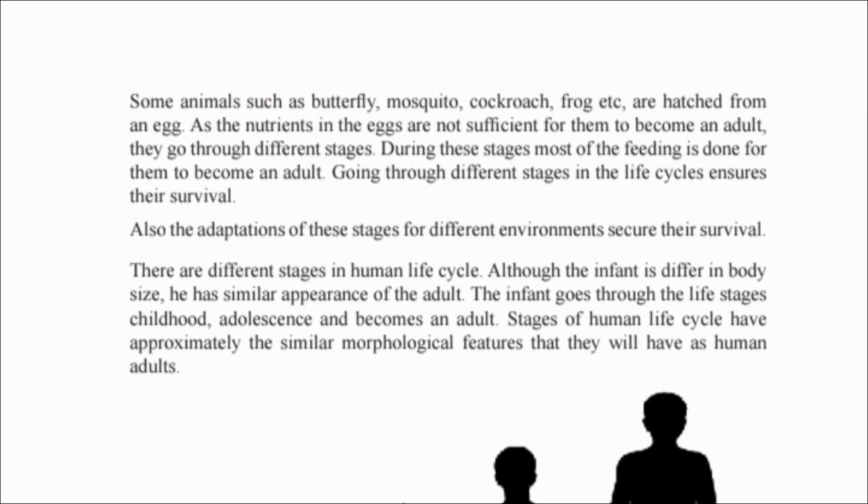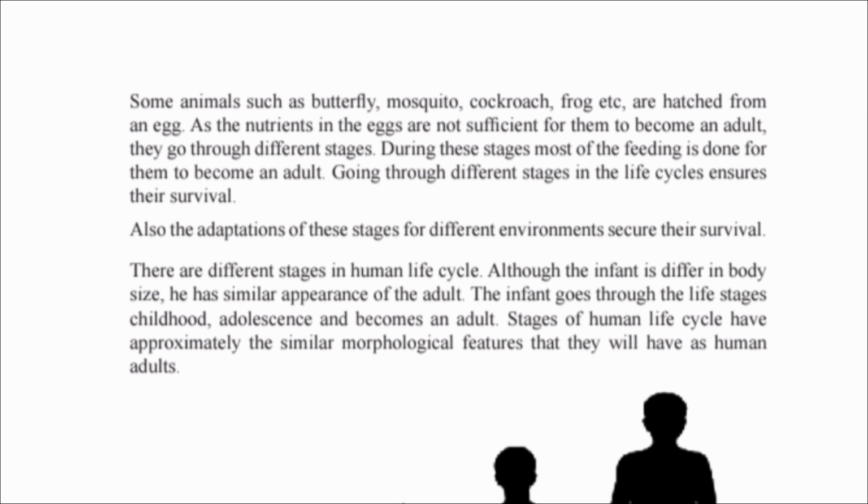During these stages, most of the feeding is done for them to become an adult. Going through different stages in the life cycles ensures their survival. So, there are some adaptations of these stages for different environments to secure their survival.